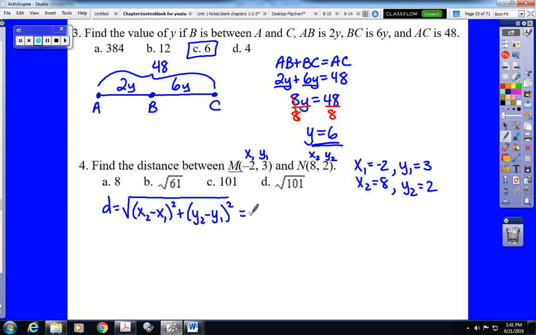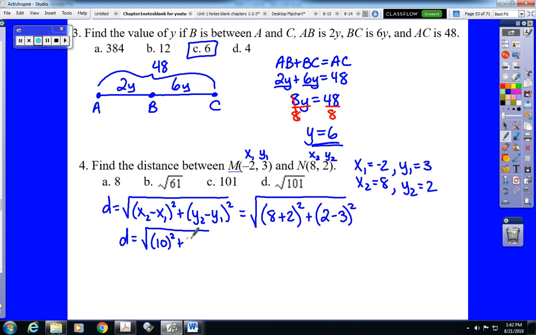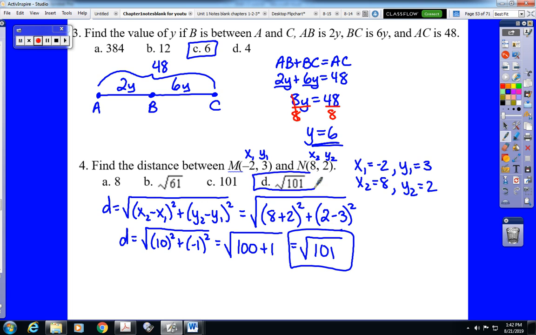So we have the square root of x2 minus x1, which ends up being 8 plus 2, because we're doing 8 minus negative 2. Those 2 negatives cancel each other out and become positive. And then for the y's, we have 2 minus 3 squared. So our distance is the square root of 10 squared plus negative 1 squared, which is 100 plus 1, or the square root of 101, which does not reduce and is our answer. The distance is the square root of 101.